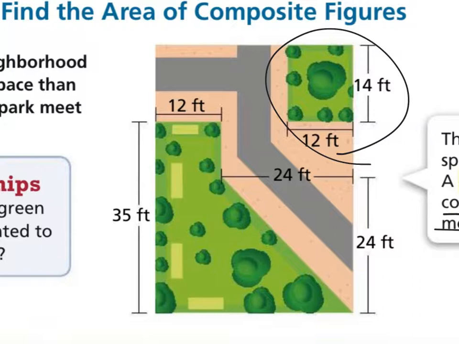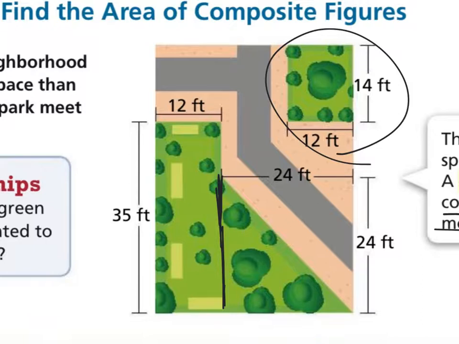So what we can do, like the book shows you, are different ways you could do this. One way, the book shows you a slightly different variation on the green space. It's just up to you if you want to do a rectangle and a trapezoid, or like the book does, you can do a rectangle and a triangle, and then the other rectangle.